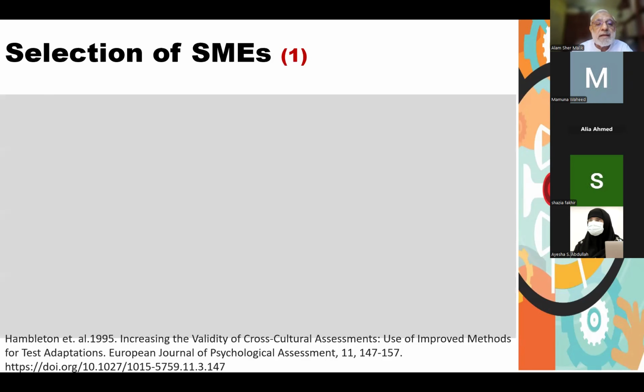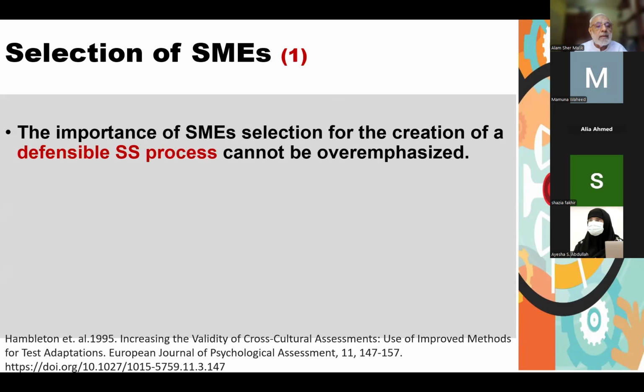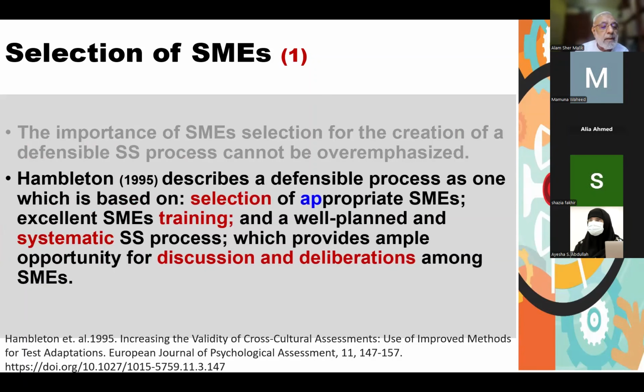So how do we select the SMEs? The importance of SME selection for the creation of a defensible standard setting process cannot be overemphasized. Hambleton in 1995 describes a defensible process as one which is based on selection of appropriate SMEs. That's one important component.